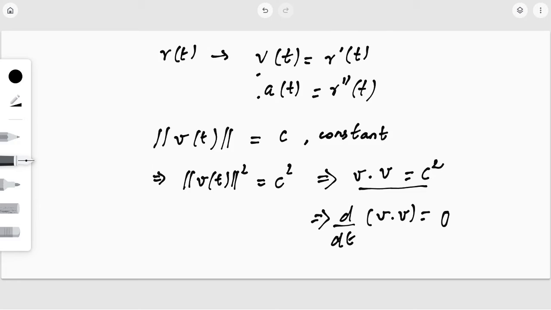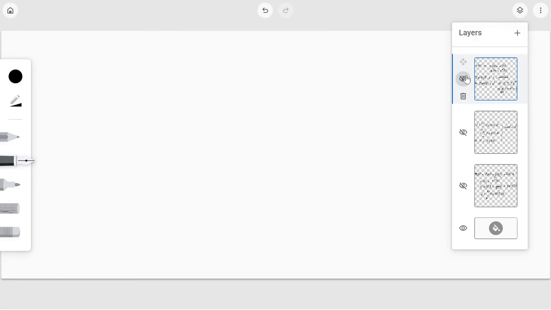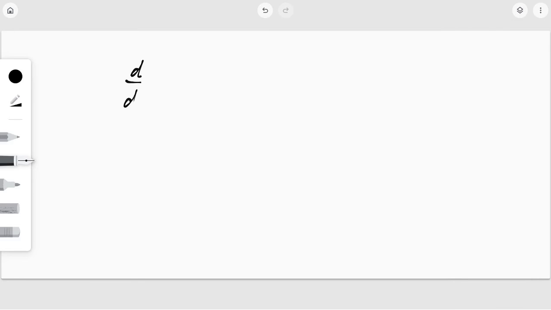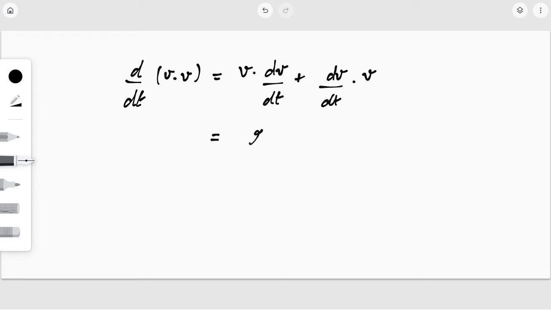Now what is d by dt of v dot v? We have seen in the previous section that d by dt of v dot v, we apply the product rule, and it is v dot dv by dt plus dv by dt dot v, and this is 2 times v dot dv by dt, both are the same terms, and we have seen that this is equal to 0.